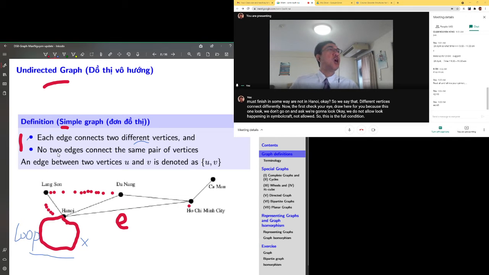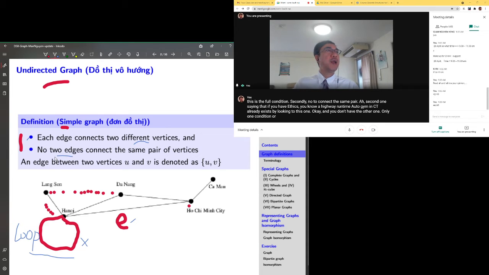Secondly, no two edges connect the same pair. The second one says that if a highway from Hanoi to Ho Chi Minh City already exists, as you see in this picture, then you don't have another one. Only one connection or zero.